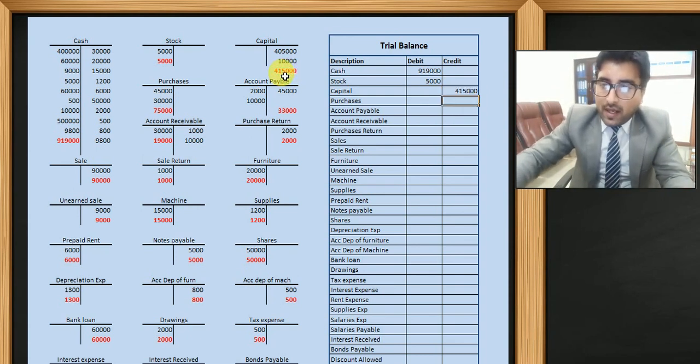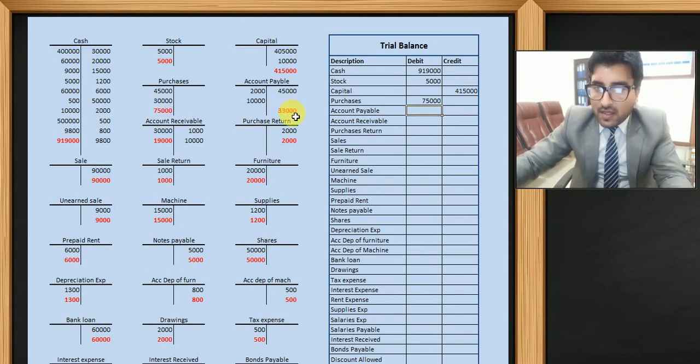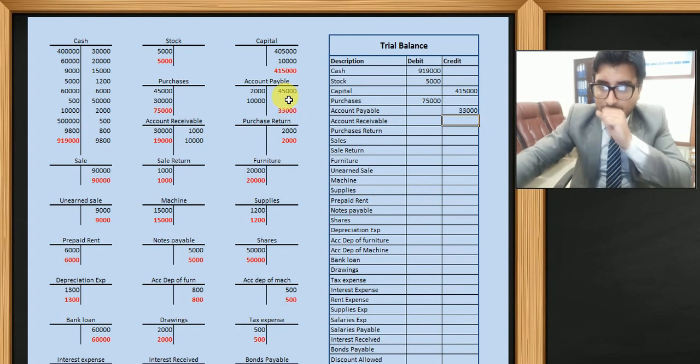And then we have purchases. The purchases account has a debit balance, so equal sign, and just click on the debit balance. And then we have accounts payable, which has a credit balance, so click in the credit side, and then click on the balance. And in this way you should go on. We have accounts receivable, which has a debit balance, so equal sign, and click on the balance.